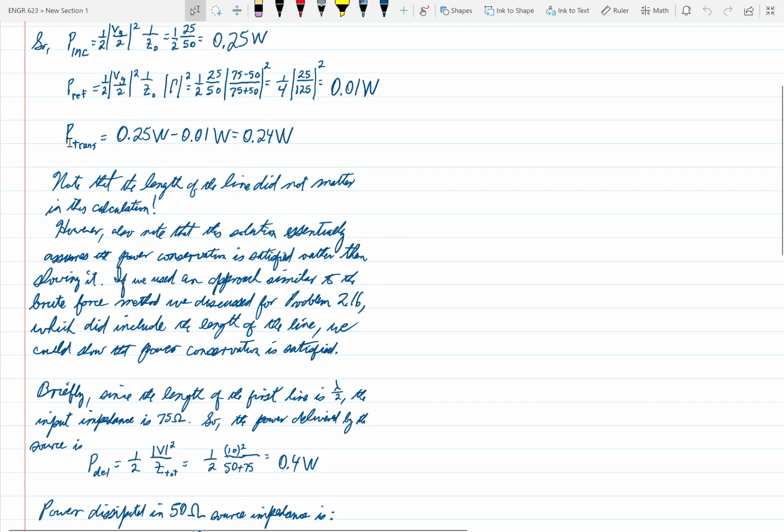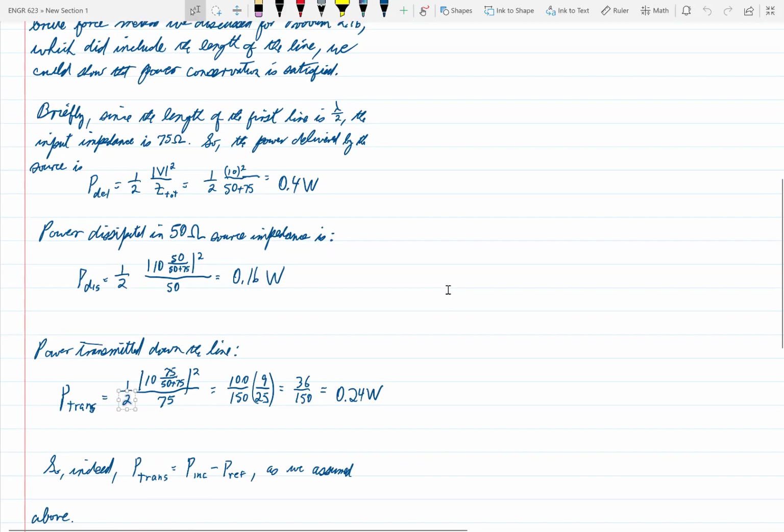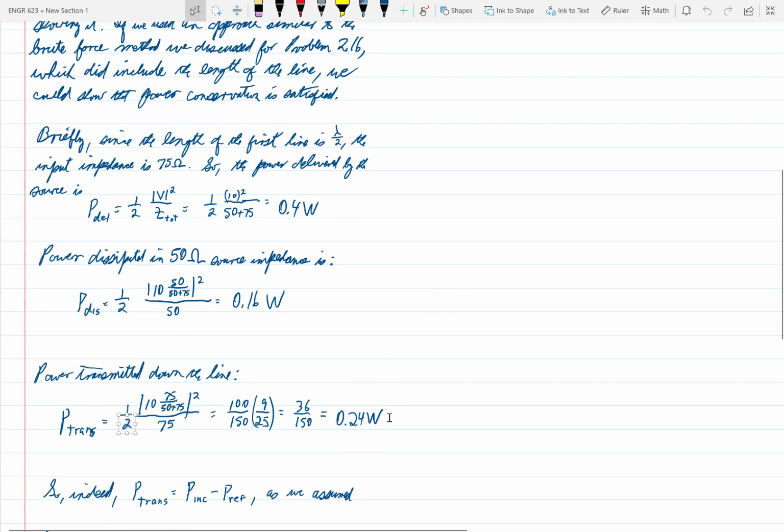Up above, we got P transmitted of 0.24 watts by using power conservation, but here we haven't used power conservation at all. Notice we could have, because 0.4 watts is the power delivered by the source, and 0.16 watts is what is dissipated in the source impedance. So we could have used power conservation here as well to conclude that the power delivered to the second transmission line is 0.24 watts, but we didn't.